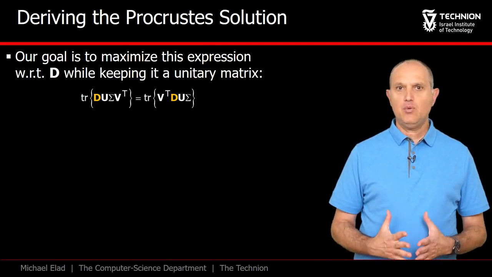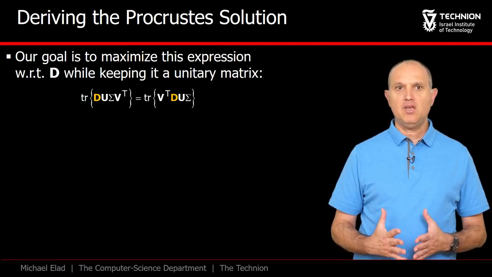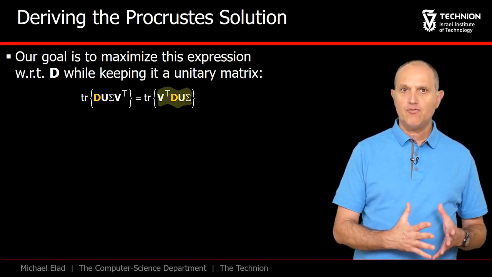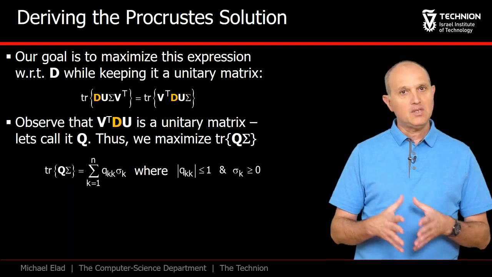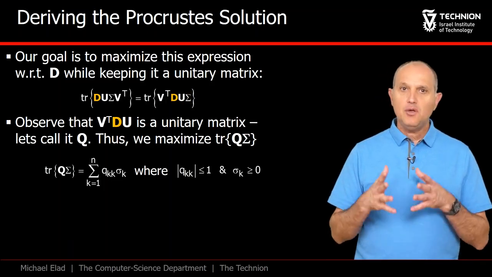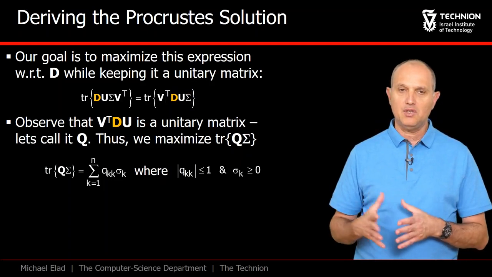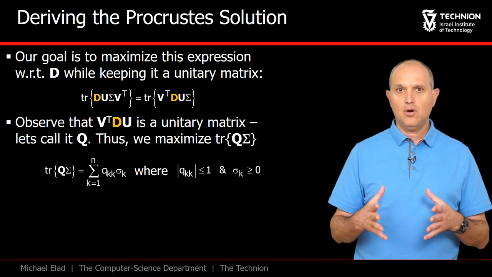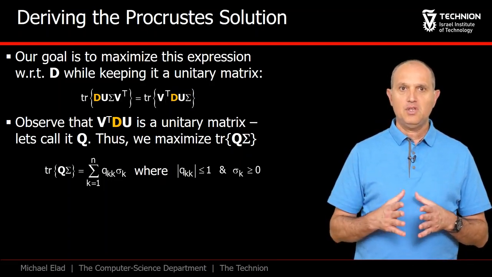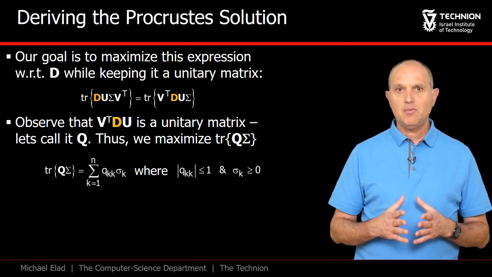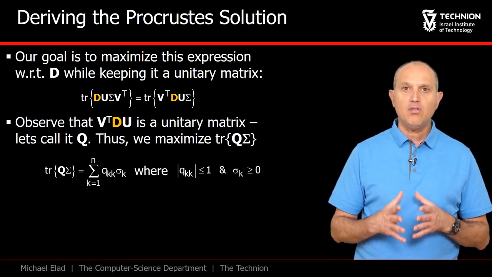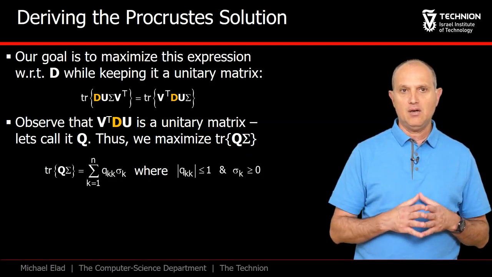This is the expression we aim to maximize, and now we make use again of the trace property in order to move V transpose from the right to the left. Observe that V transpose times D times U is a unitary operator since all three are unitary. So let's just call this Q. The unitary matrix Q multiplies the diagonal matrix sigma, and the maximum is obtained by concentrating all the energy of Q on the main diagonal.